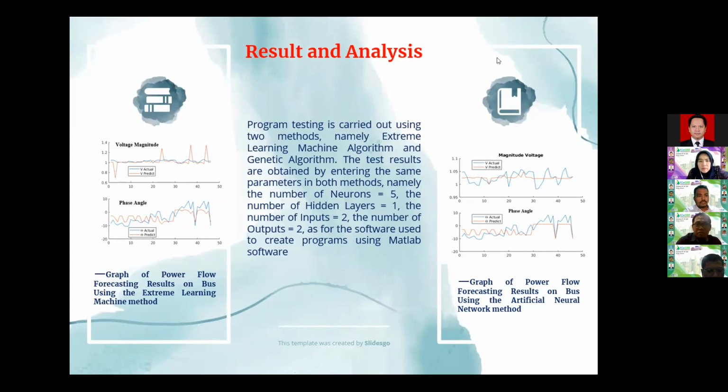The settings are the same: number of neurons is 5, number of hidden layers is 1, number of inputs is 2, and number of outputs is 2.